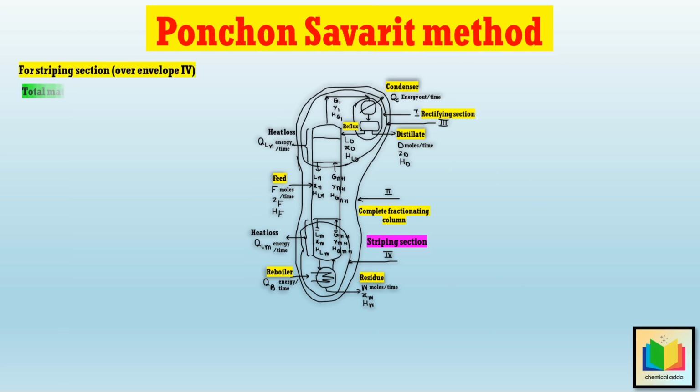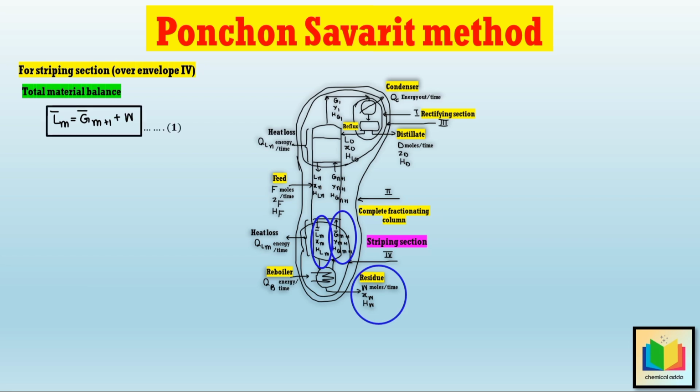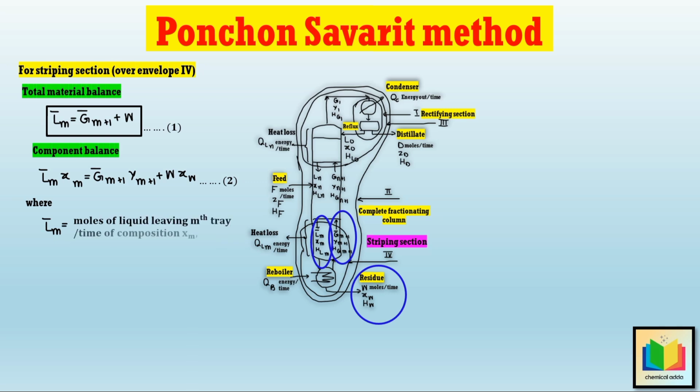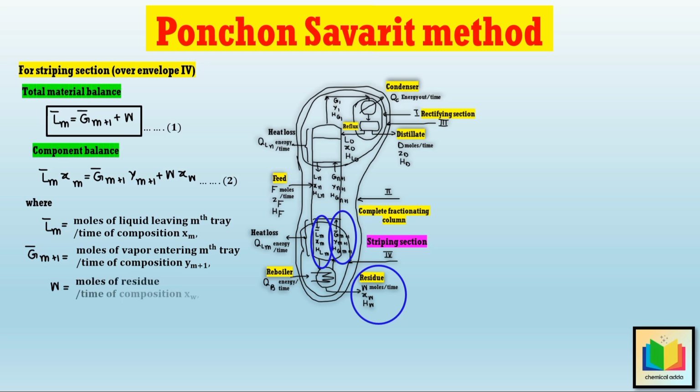For any M tray, the total material balance can be written as L_M is equal to G_(M+1) plus W. And the component balance can be written as L_M into X_M is equal to G_(M+1) into Y_(M+1) plus W X_W. Where L_M is moles of liquid leaving the M tray per unit time, of composition X_M. G_(M+1) is moles of vapor entering the M tray per unit time, of composition Y_(M+1). And W is moles of residue per unit time, of composition X_W.